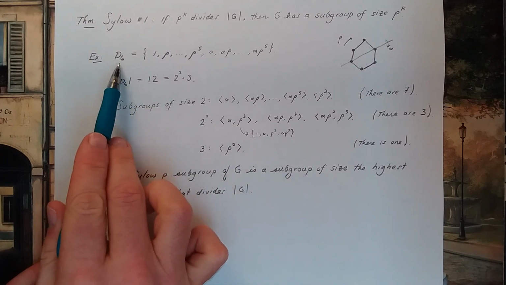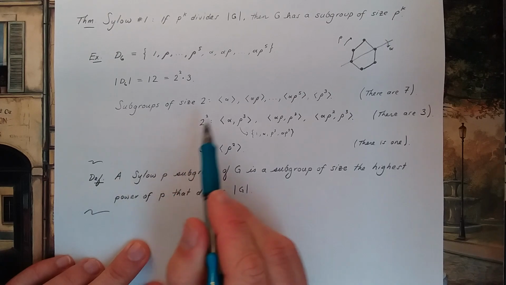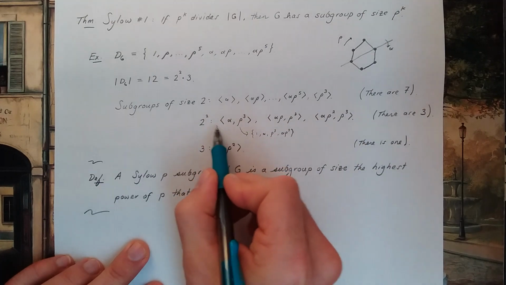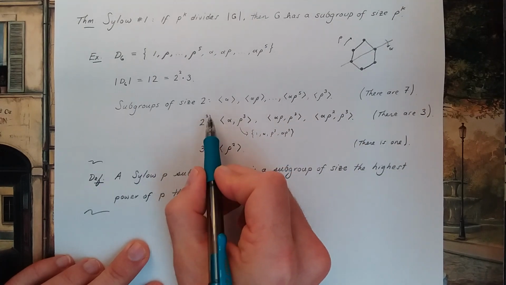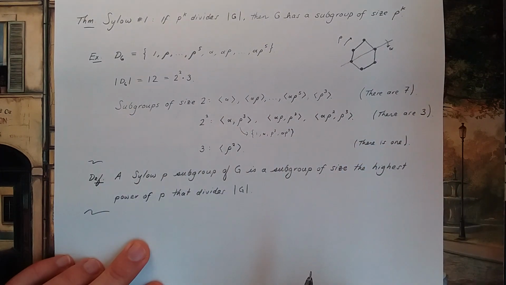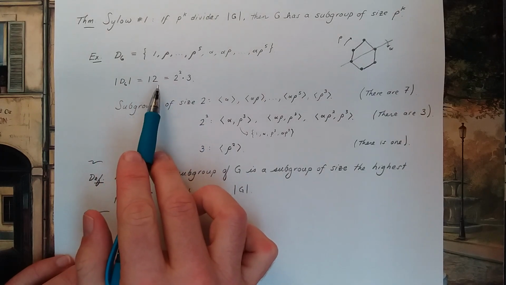So in the example of D6, the Sylow 2-subgroups are these 3 subgroups of size 4. The subgroups of size 2 are not Sylow 2-subgroups because 2 is not the highest power of 2 that divides 12.